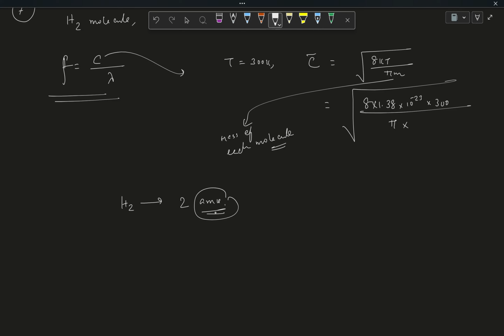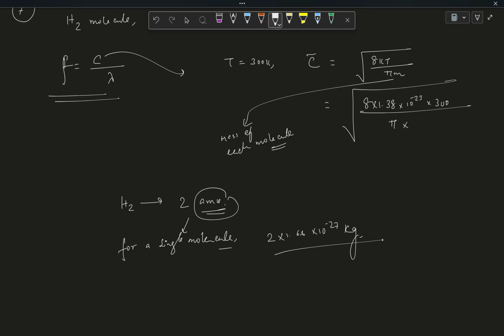So if you have the value given in AMU or atomic mass unit, then to convert it into the mass of a single molecule, it will be 2 into 1.66 into 10 to the power of minus 27.